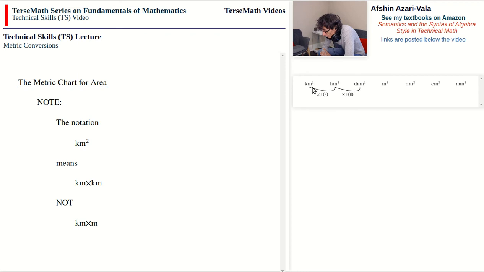Decimal point has to move over 2 digits for each move on the chart. So decimal point moves forward over 4 digits. The moves can happen anywhere on the chart. As usual, if I'm going from square decimeter to square centimeter, I still have to multiply by 100, as square centimeter is 100 times smaller than a square decimeter.